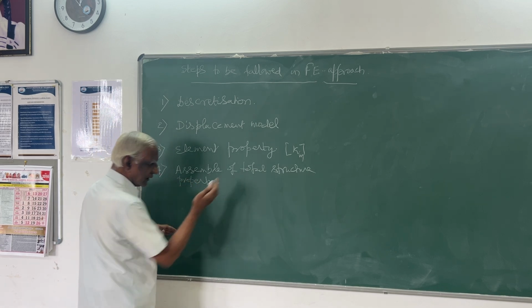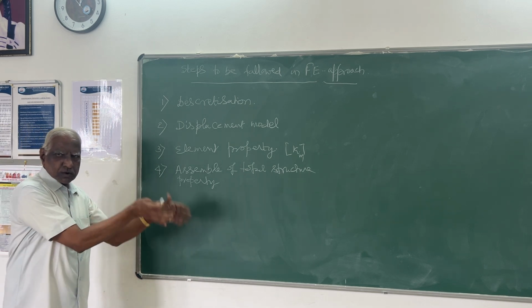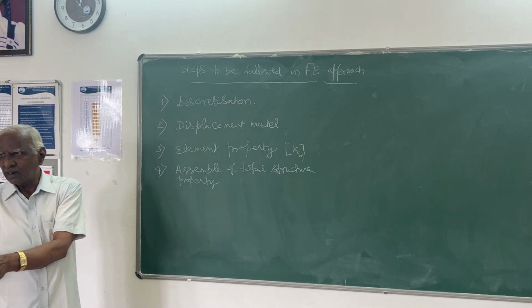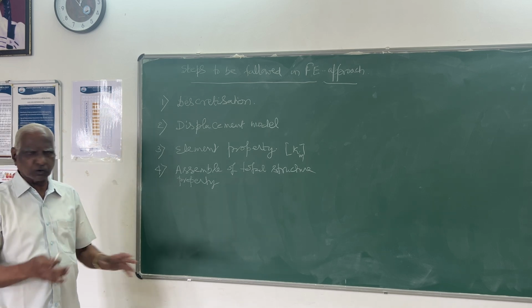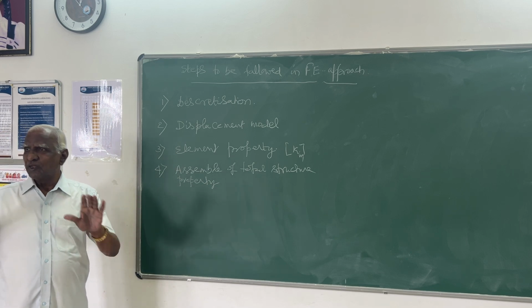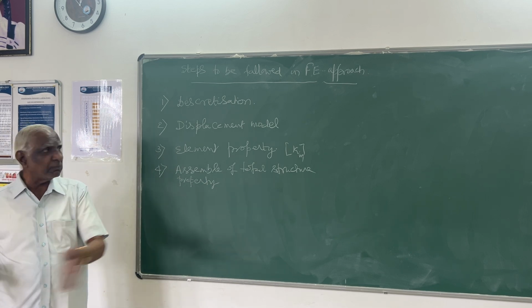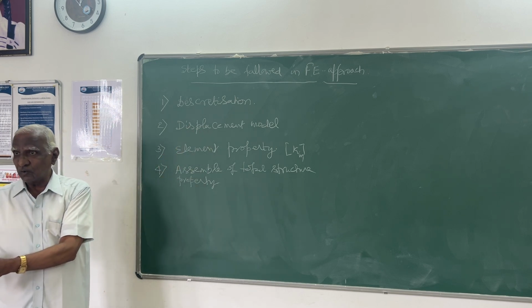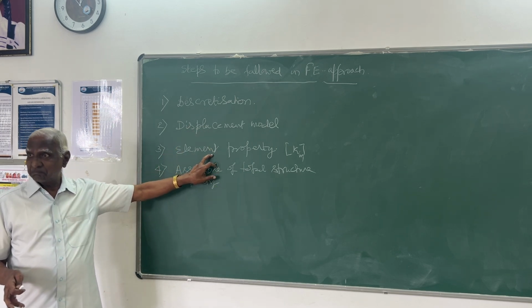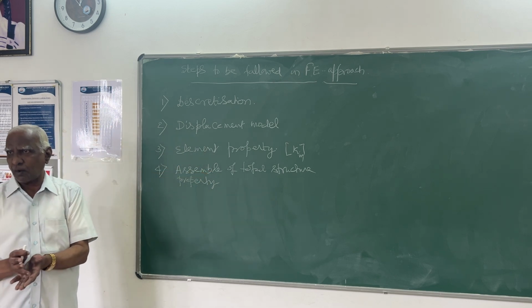So the equilibrium equation for the entire structure, external force is equal to internal force. That is P is equal to K into D, where D is the unknown displacement. K you have developed for the element and here for the entire structure.